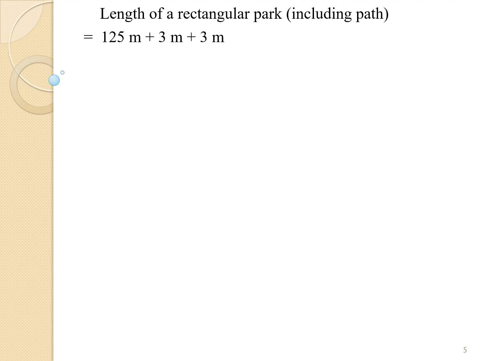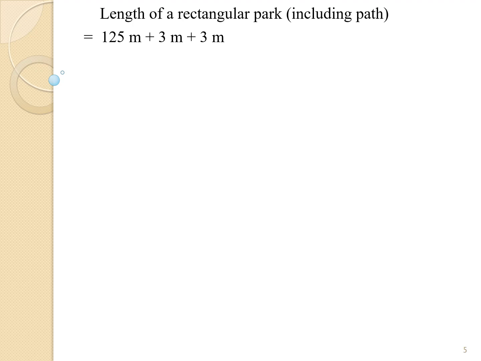Now, let us find the length and breadth of the rectangular park including the path. Thus, length of the rectangular park including the path is equal to 125 meters plus 3 meters plus 3 meters. Adding 3 to 125, we get 128.